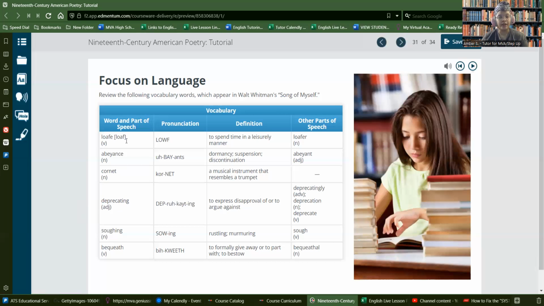You're going to want to write down the word and the part of speech so you can remember what it is. And then you're going to write down the definition. That's the bare minimum of what you should write down here. Now they give you the pronunciation of these words so that you can actually know how to say them. So abeyance. And then they have deprecating, sowing, I'm sorry, sowing, and bequeath.